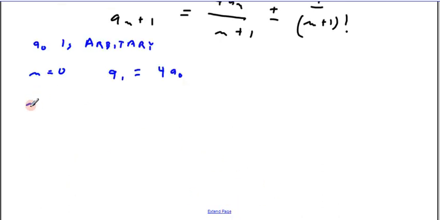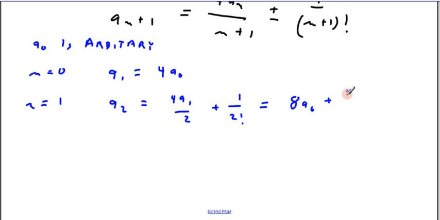And then I'm going to look at n is equal to 1, which is clearly odd. A2 is equal to 4A1 over 2 plus 1 over 2 factorial, which becomes 8A0 plus 1 half.